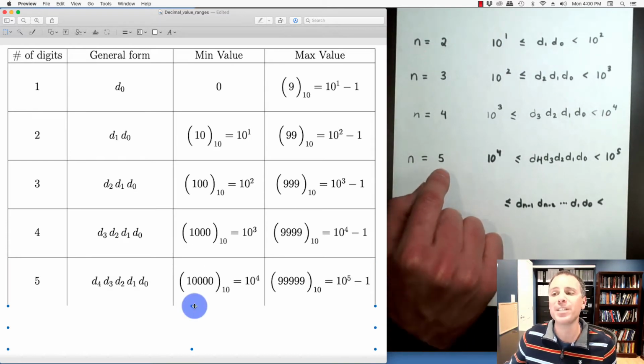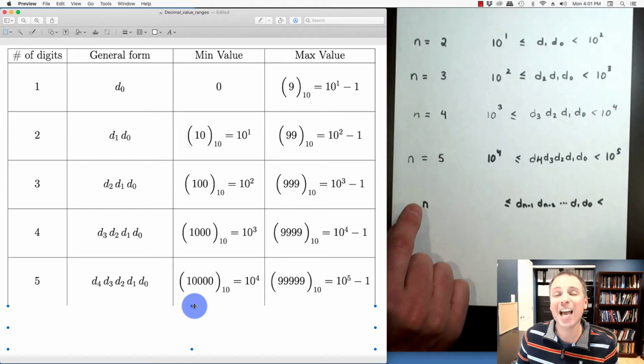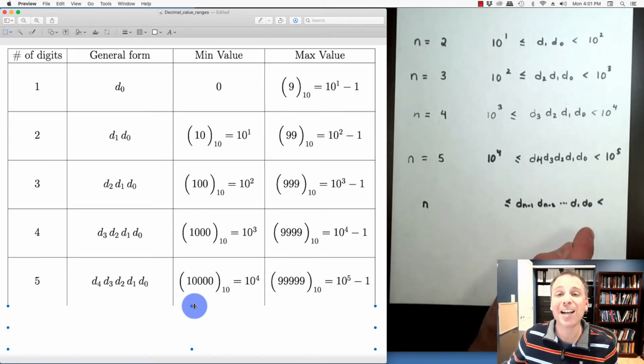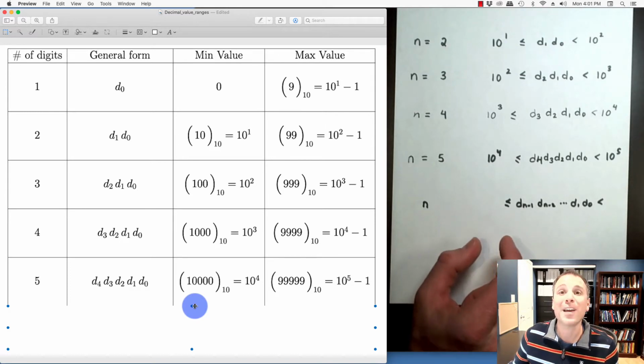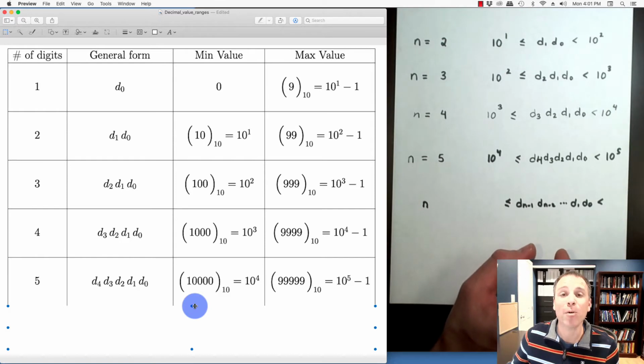Now I ask you, can you generalize this? Can you go from a specific value of n to a general value of n where n is greater than or equal to 2? In other words, if I tell you the number of digits you're allowed, can you tell me the minimum and maximum values for the numbers that can be stored exactly using that number of decimal digits?